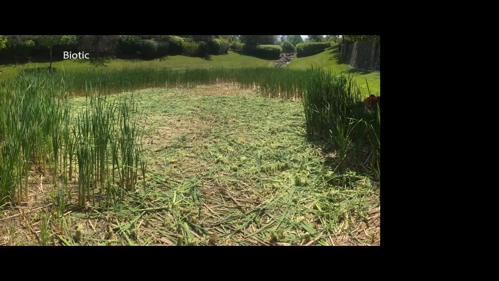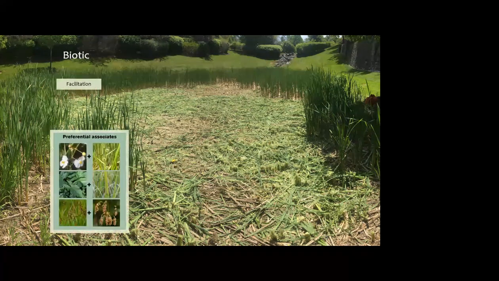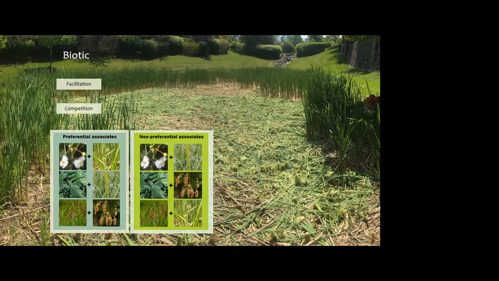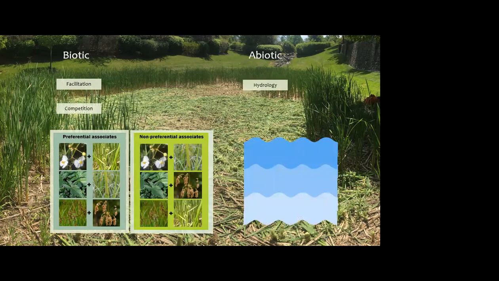Then in the experiment, I tested for biotic interactions, so facilitation in my preferential associate treatment, potentially competition with both cattails and the non-preferential associates. And then, especially because we already know hydrology is important, I included hydrology to compare the relative strength of biotic and abiotic interactions.